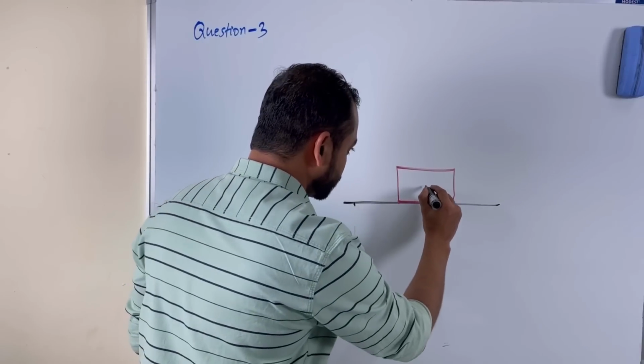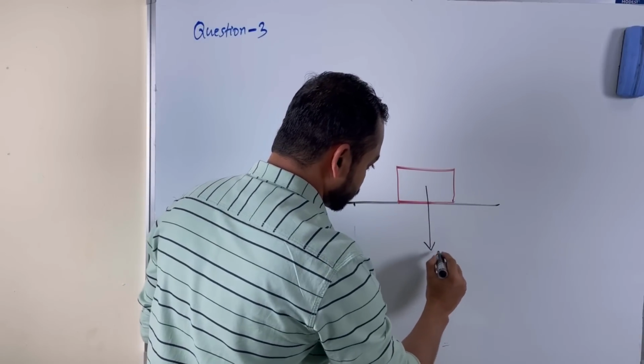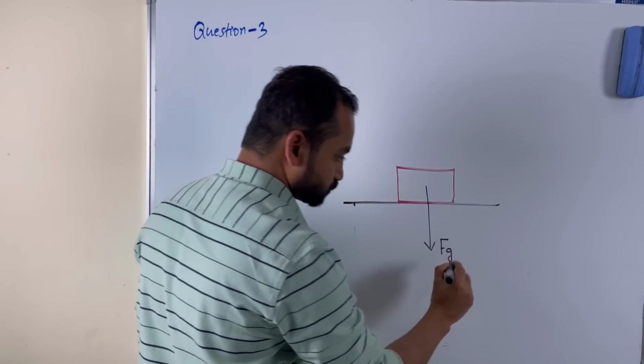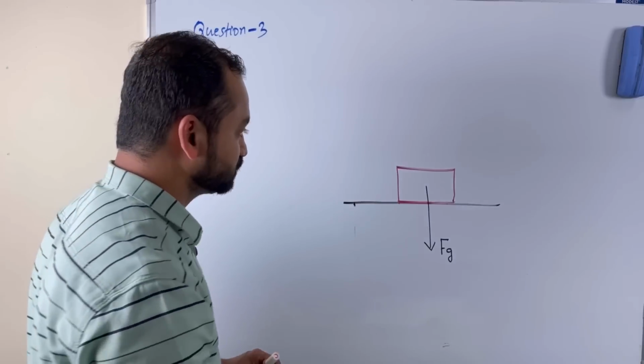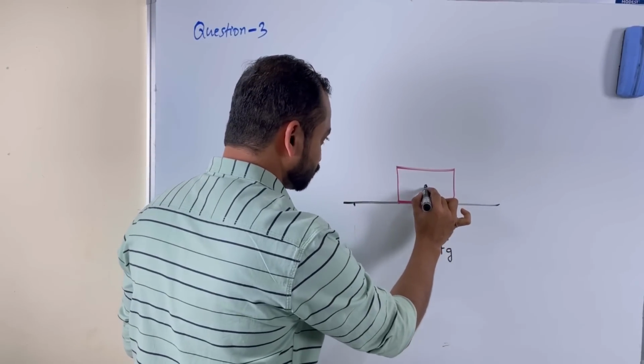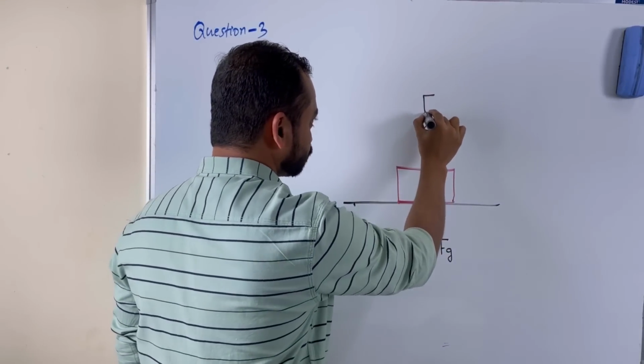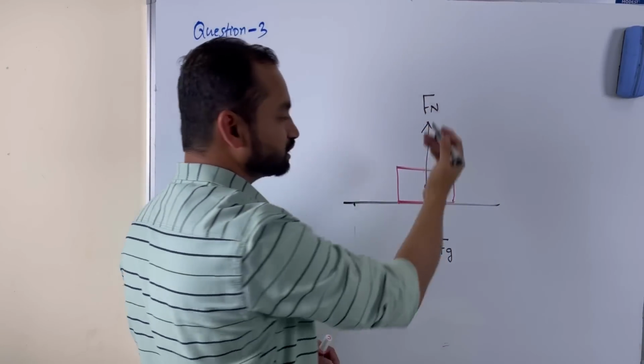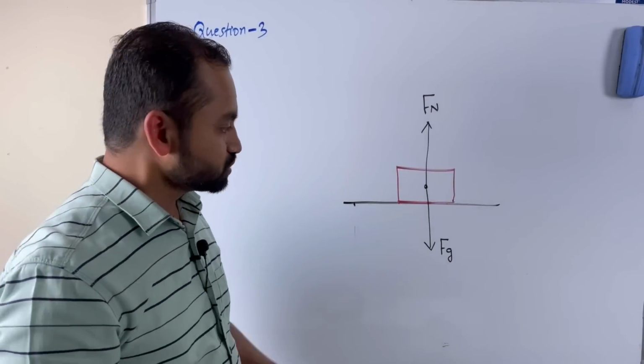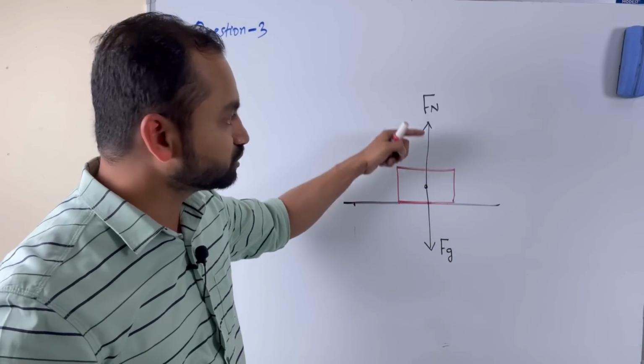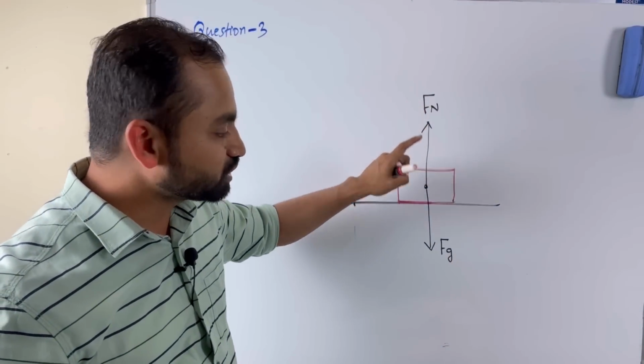One will be its weight, which we write as Fg, force of gravity, acting vertically downwards. The second force will be the normal force, which is acting vertically upwards. So the force of gravity and the normal force are equal and opposite.